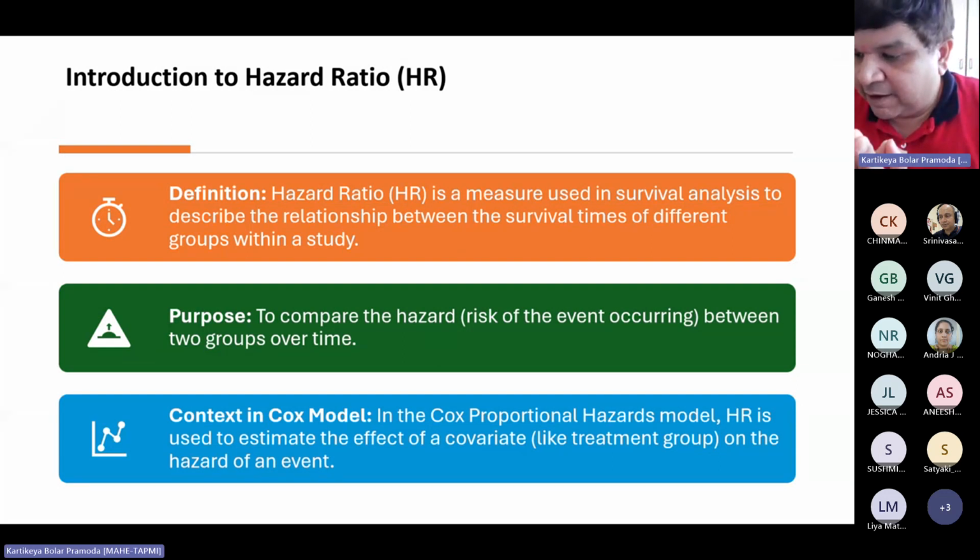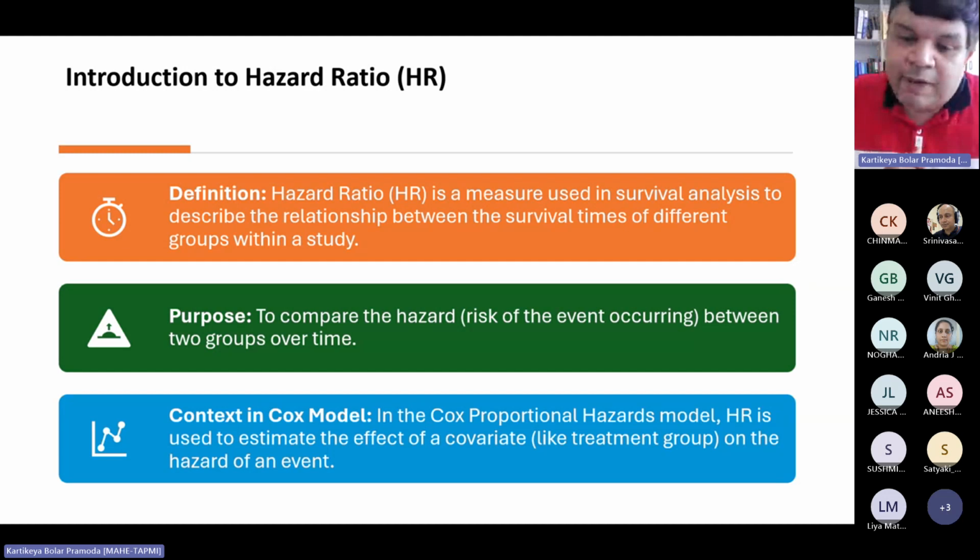Like if we are looking at the efficacy of a particular drug, by itself you may not be able to figure out whether the drug is good enough, so you need to compare it with something else. Most often, survival analysis is never about one particular group, but rather about comparison.